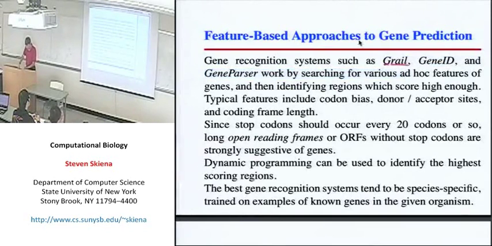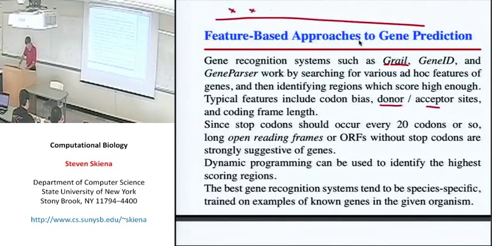It took as input a DNA sequence, and it did things like identify all the donor and acceptor sites. Here are all the places where there are donor sites. Here are all the places where there are acceptor sites. Here are all the places where there are ATGs. Here are all the places where there are stop symbols.